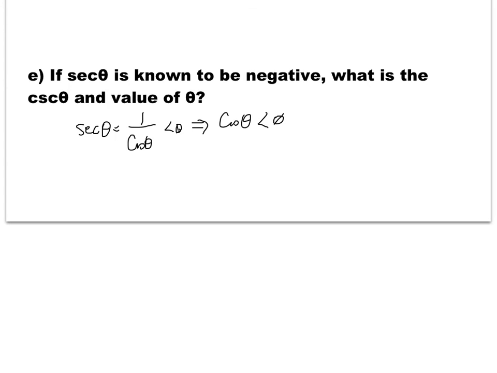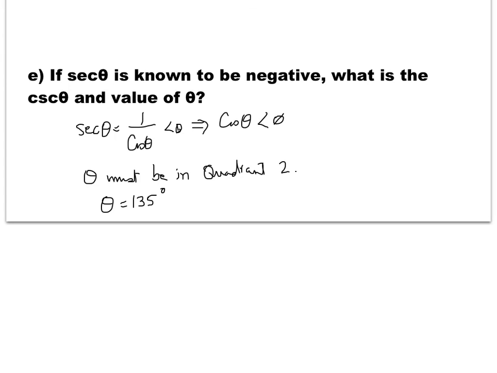And cos is negative in quadrant 2 or 3. But previously we said that the angle theta has to be in quadrant 2 or 4. So this means that theta must be in quadrant 2. We also said that the answer theta in quadrant 2 is 135. So theta has to be 135 degrees.